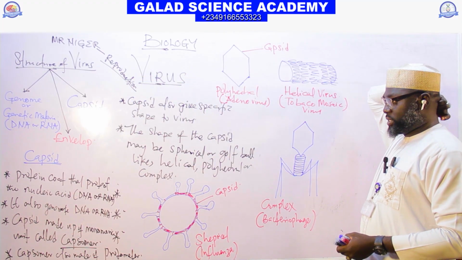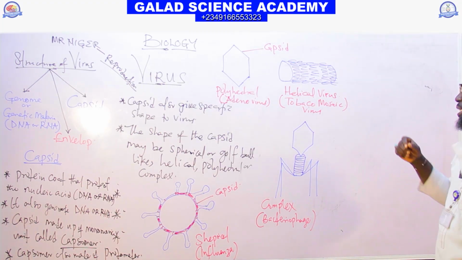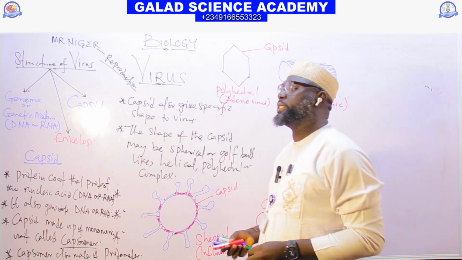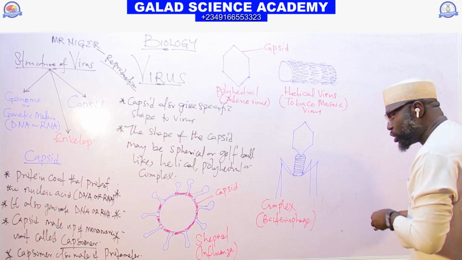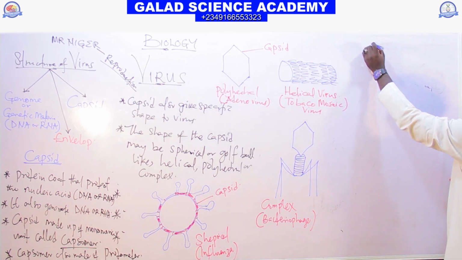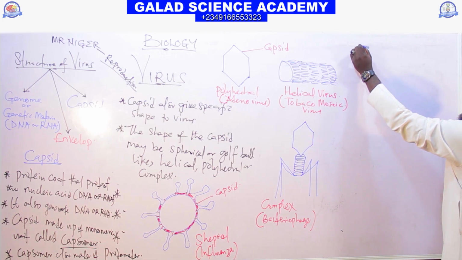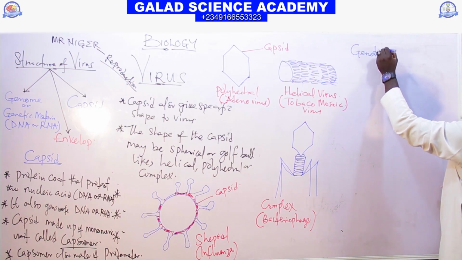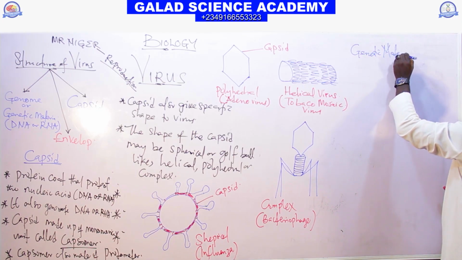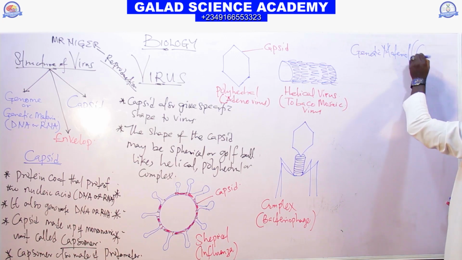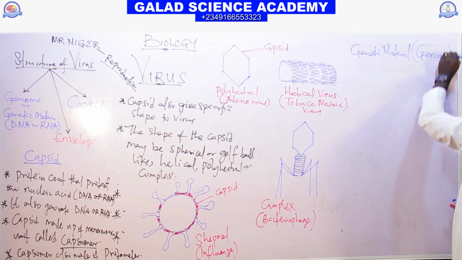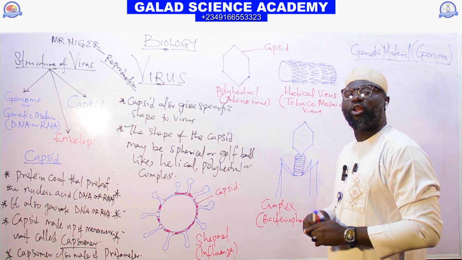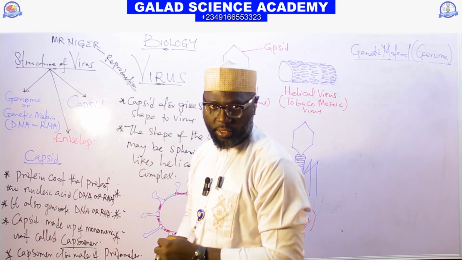The next thing that I need to explain is the genetic material we have in the virus. So we are done with the capsid. The next one is the genetic material, or we can also call it the genome, or the nucleoid, or the nucleic acid.